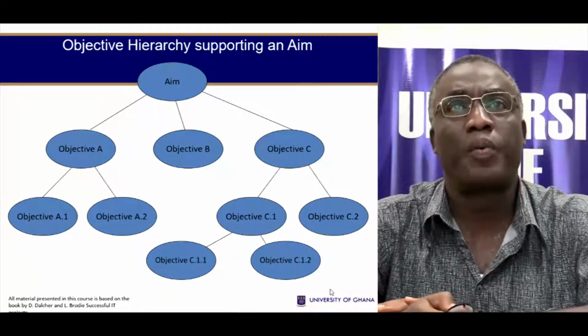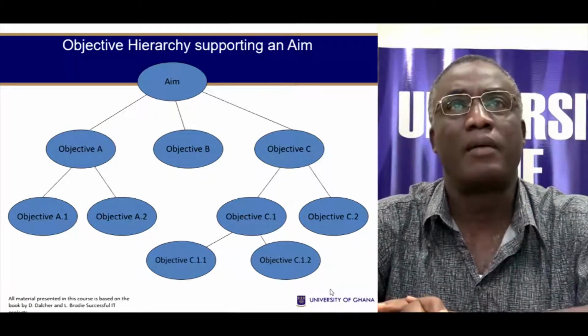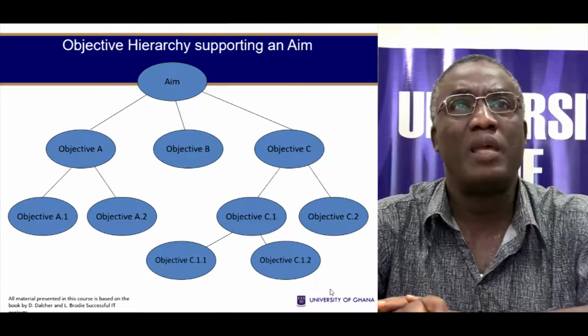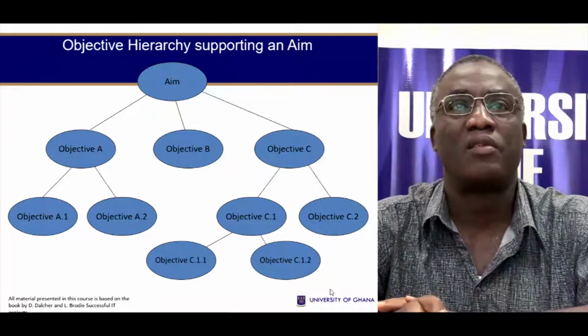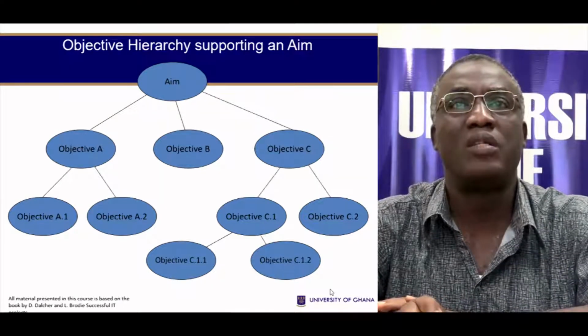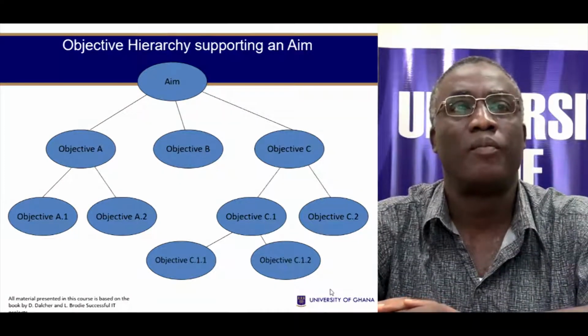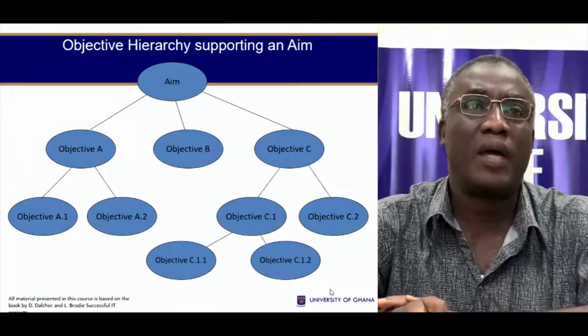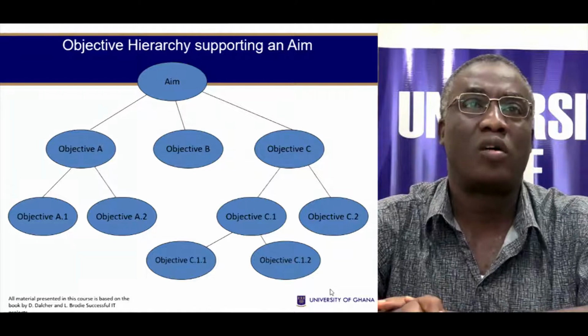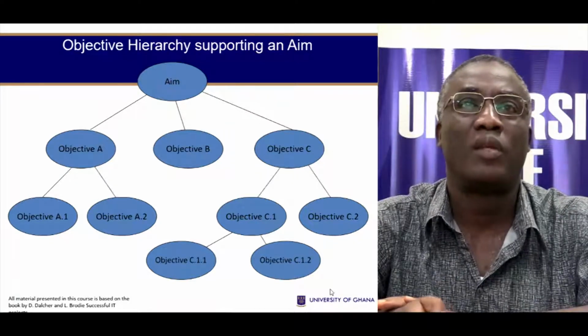So at the very top, you have your aim. Then this aim is supported by, in this case, 3 objectives: Objective A, Objective B, and Objective C. Objective A is supported by Objective A.1 and Objective A.2.